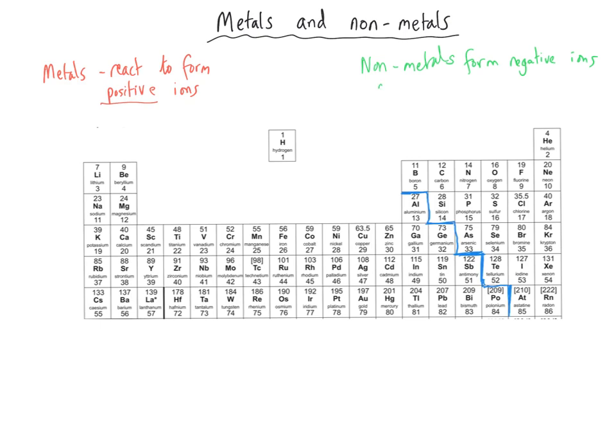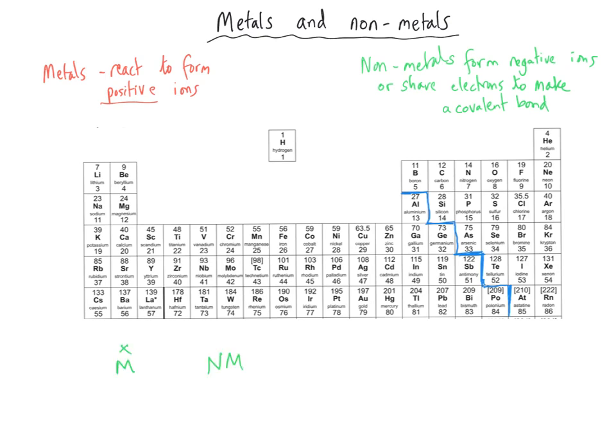Alternatively, another thing that separates non-metals from metals is that non-metals can share electrons. And when they do that, they make something called a covalent bond. Now, both of those can't happen at the same time.